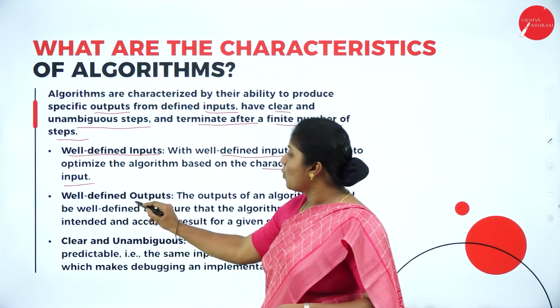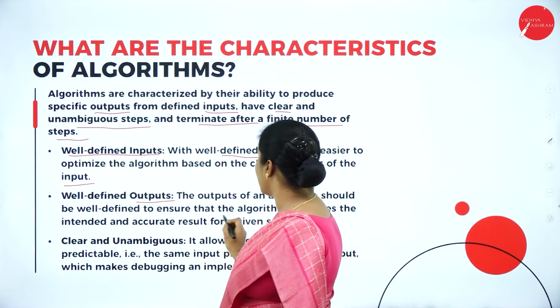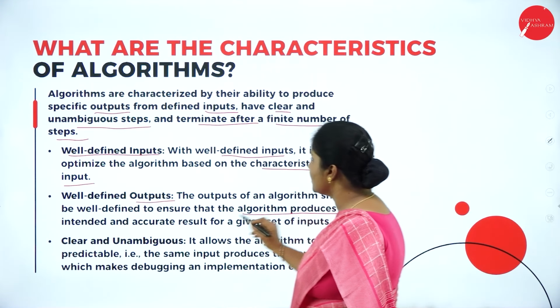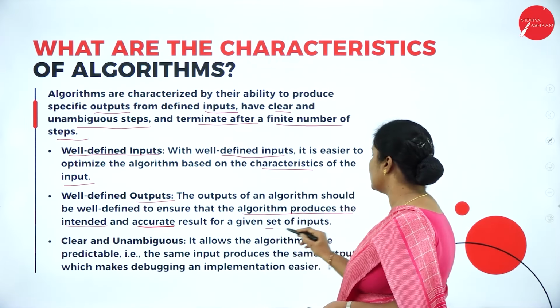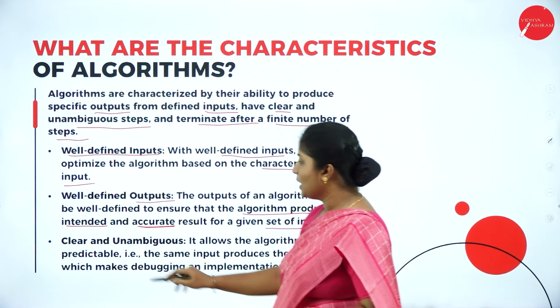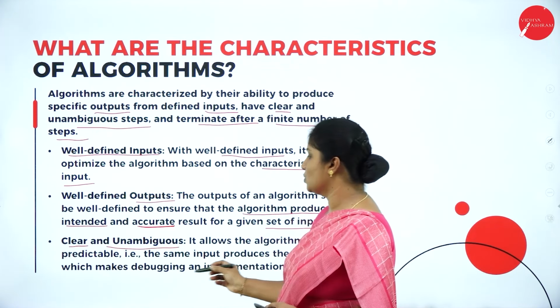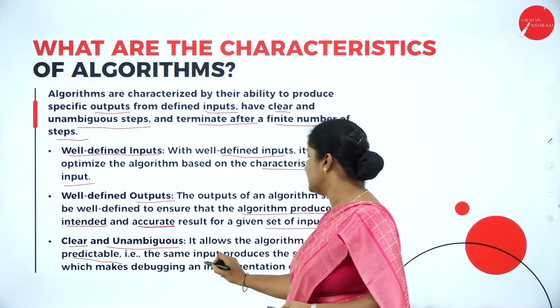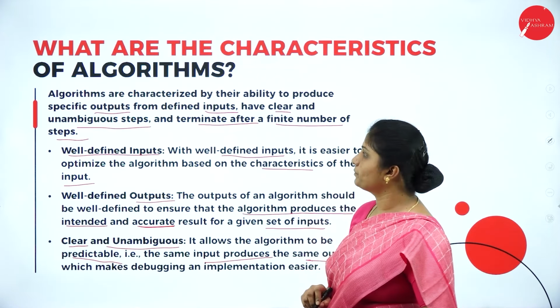Next, well-defined outputs. The output of an algorithm should be well-defined, so that the algorithm produces the intended and accurate result for a given set of inputs. Clear and unambiguous: it allows algorithms to be predictable, that is, the same input should produce the same output.